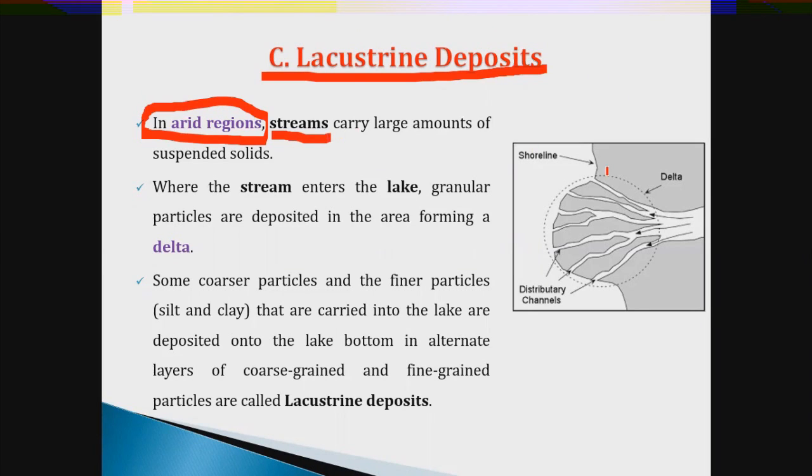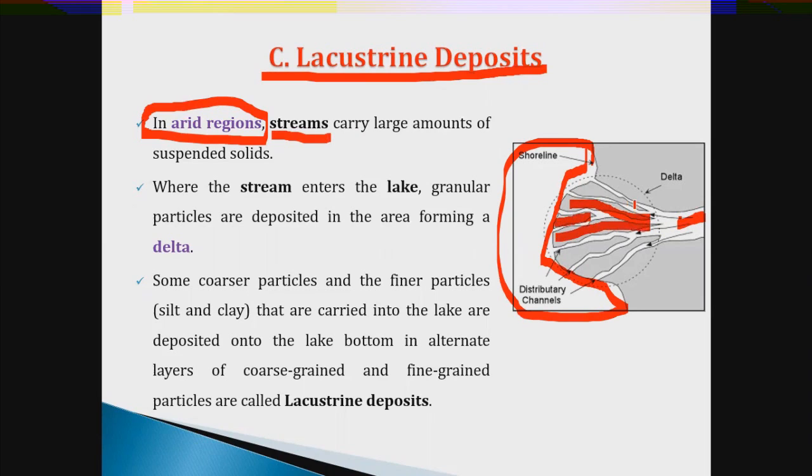When these streams try to enter a lake, a region will come where the granular or bigger particles will be deposited in the shape of different islands, and this island portion will be known as a delta.